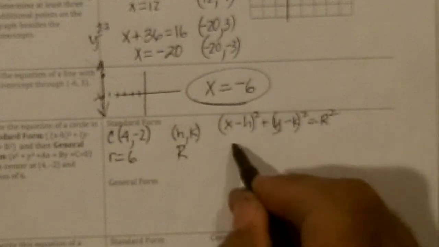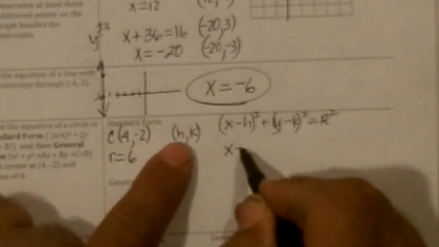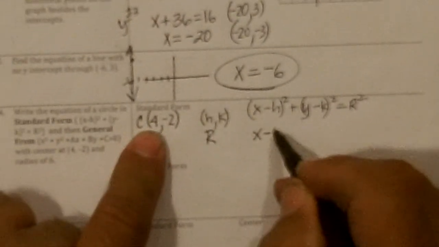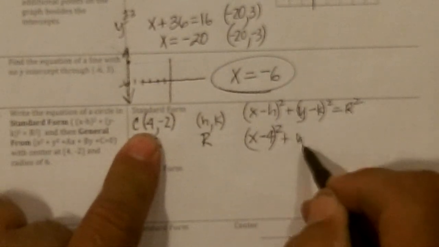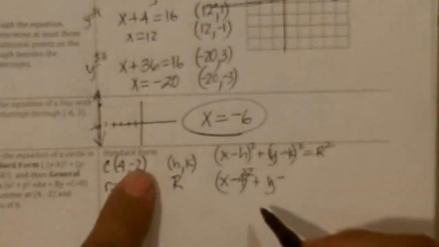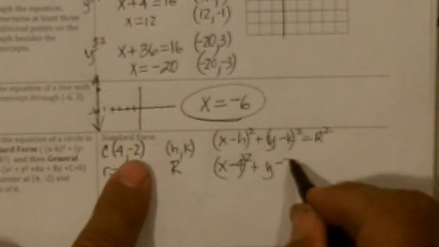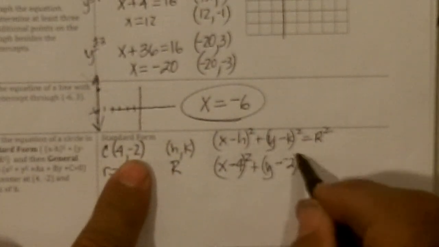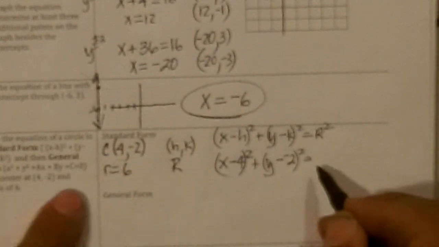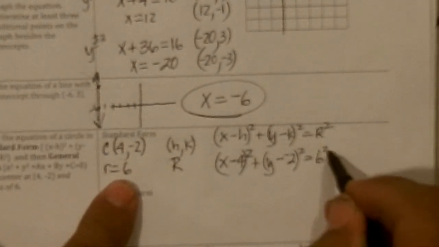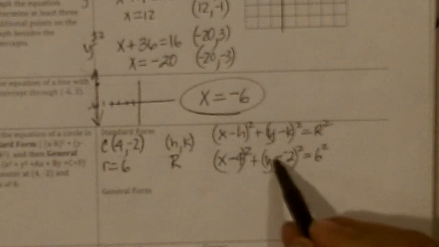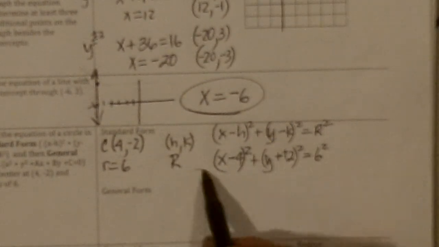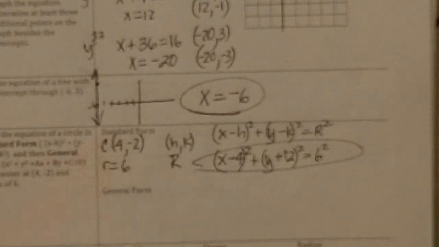So I'm going to write (x - 4)² + (y - (-2))² = 6², since the h is 4, the k is negative 2, and the radius is 6. Minus and minus is plus, and there's the standard form.